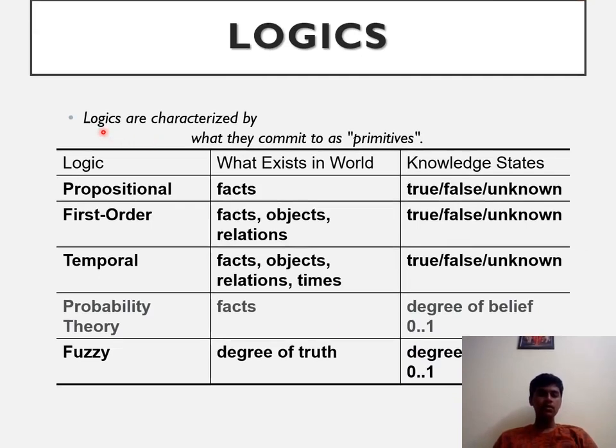Logics. Logics are characterized by what they commit to as primitives: propositional logic deals with facts that are true, false or unknown; there are also first-order, temporal, probability theory and fuzzy logics. These describe what exists in the world and how knowledge states are represented. For probability theory, the facts have a degree of belief from 0 to 1.